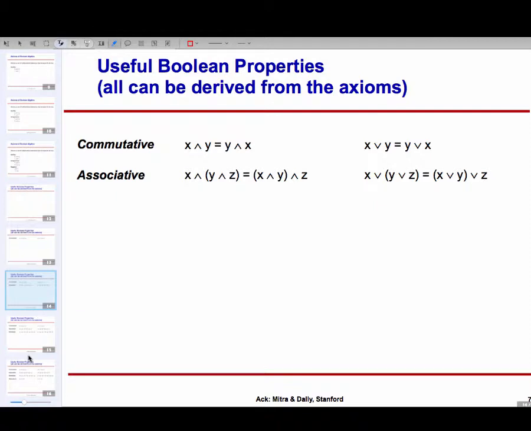Associativity, x and y and z, I can put the parentheses elsewhere, okay, and I can do the same thing with OR gates. So if you think in terms of gates, what this means is that, let's say I had a circuit like this.